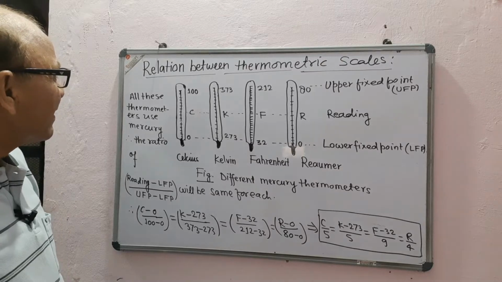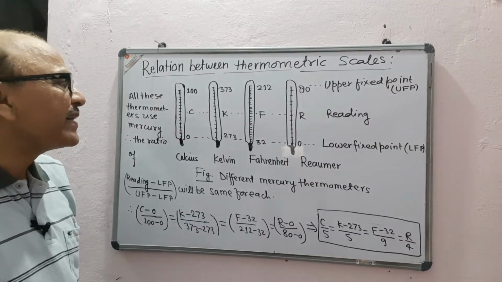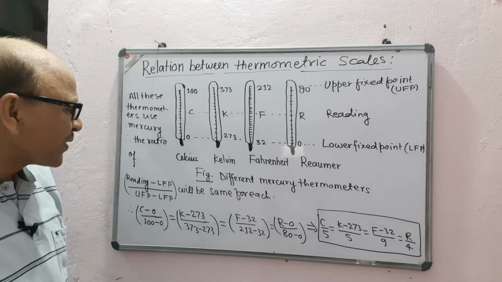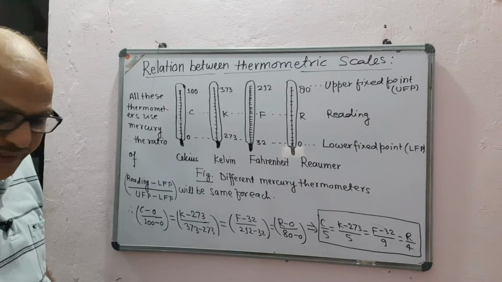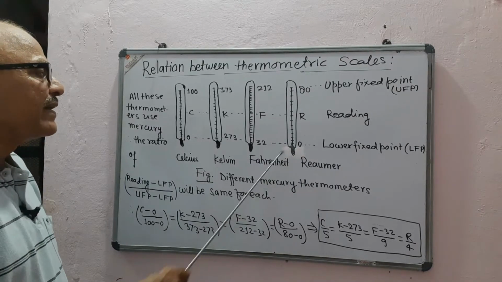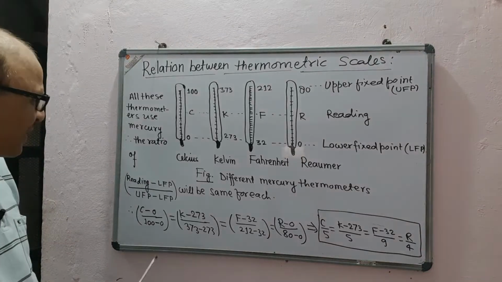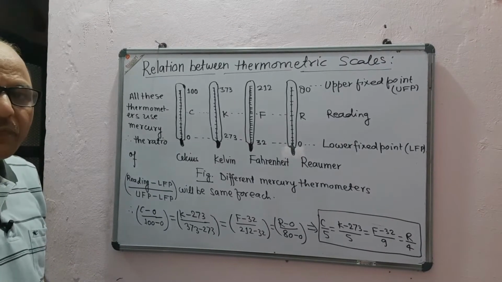Now we take the relation between different thermometric scales. Most commonly used mercury thermometers are Celsius thermometer, Kelvin thermometer, Fahrenheit thermometer and Reaumur thermometer. All these thermometers use mercury.